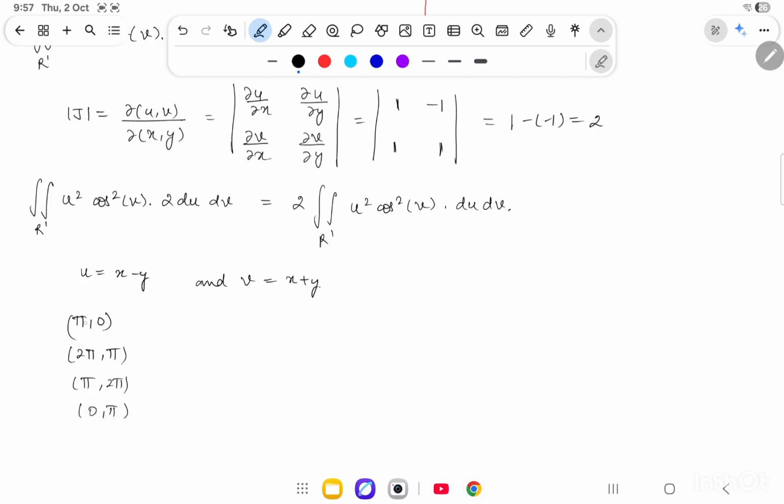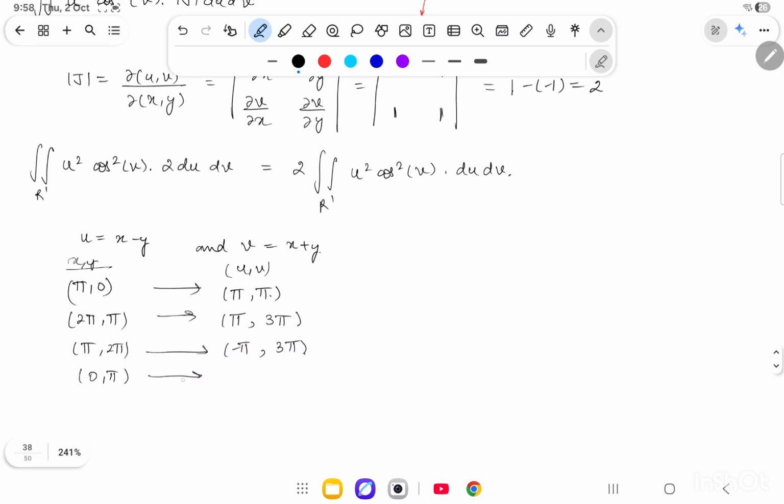So when x is pi and y is 0, u comma v reduces to pi comma pi. Likewise when x is 2 pi and y is pi, u will be pi and v will be 3 pi. Likewise when x is pi and y is 2 pi, u will be minus pi and v will be 3 pi. And when x is 0 and y is pi, u will be minus pi and v will be pi.